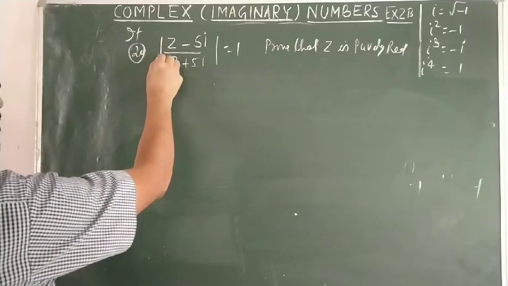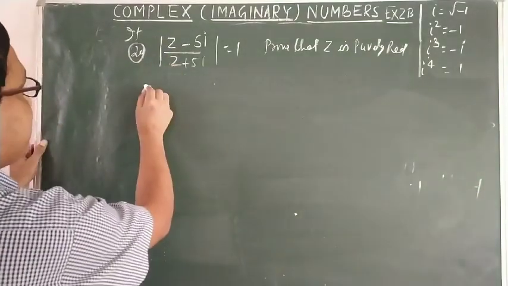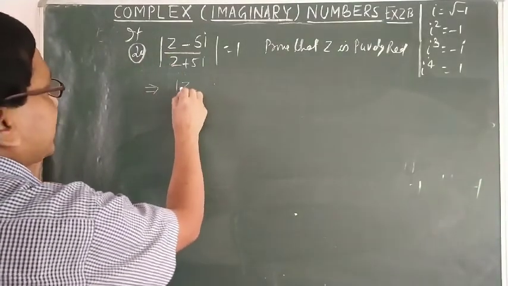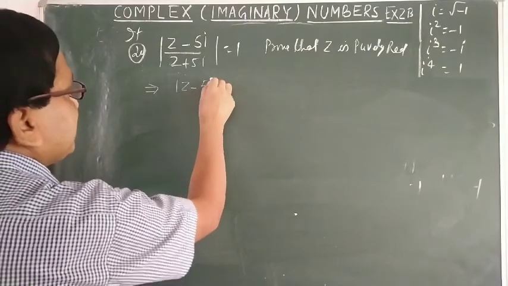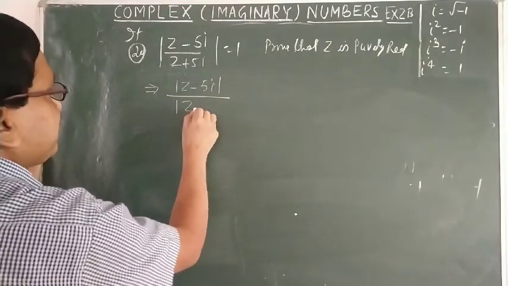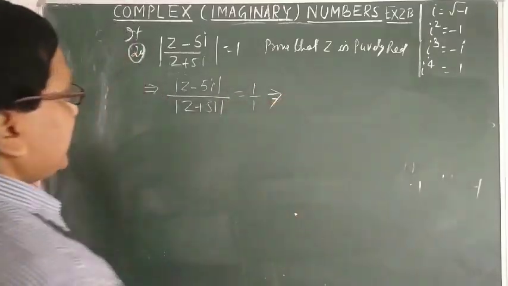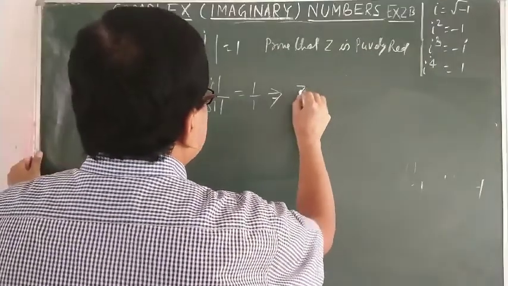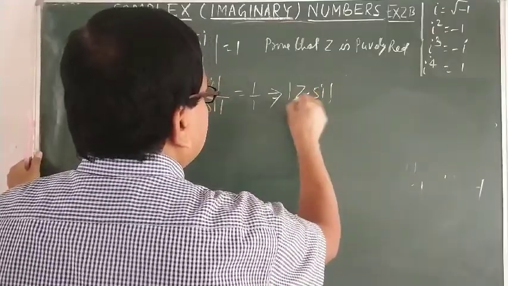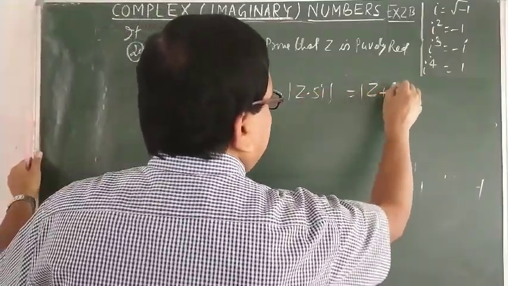Earlier I suggested the property that mod z minus 5 by mod z plus 5 is equal to 1 by 1. After that, do cross multiplication. This is mod z minus 5 is equal to mod z plus 5.